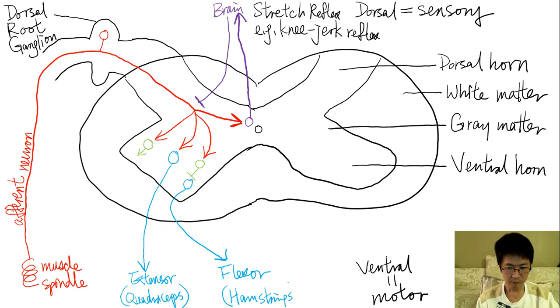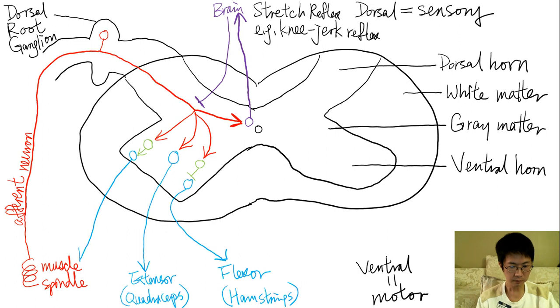Okay, and then what about the last one here? The excitatory interneuron will go to your, guess what? It goes back to your muscle spindle.